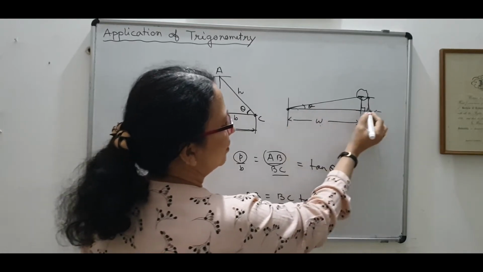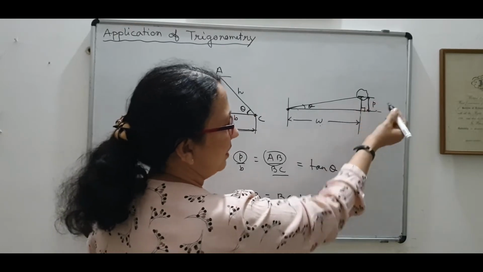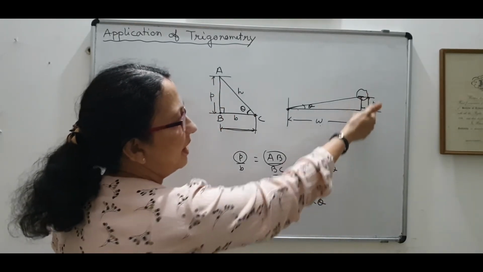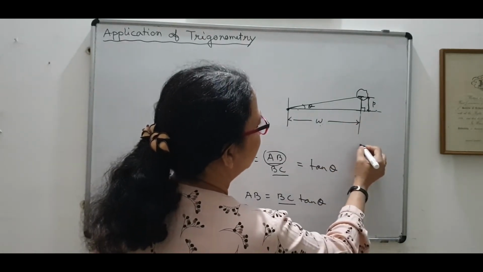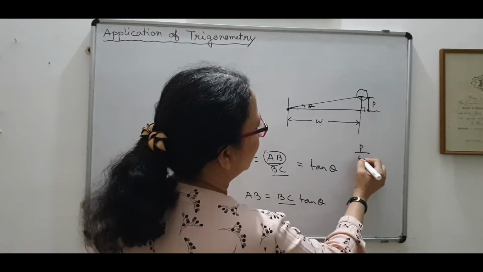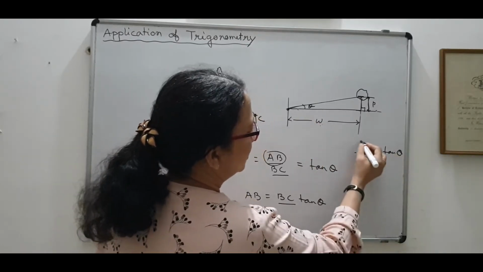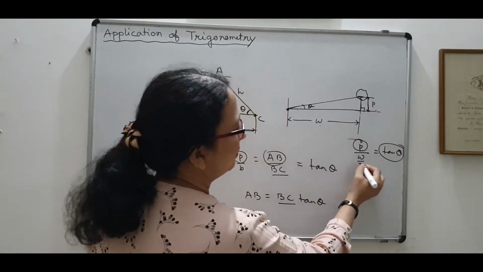Now this base is unknown, but the perpendicular is known to us, because some person on the other side of the bank will be able to measure the height of the tree. So the height of the tree, say P, divided by the width of the river W will be tan of theta. P can be measured, tan theta can be measured with the instrument, so W can be found.